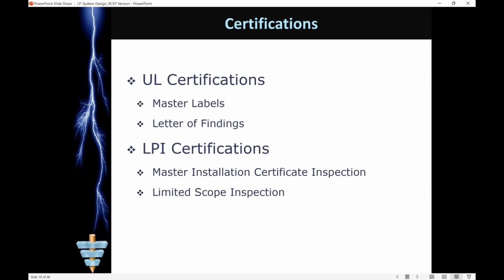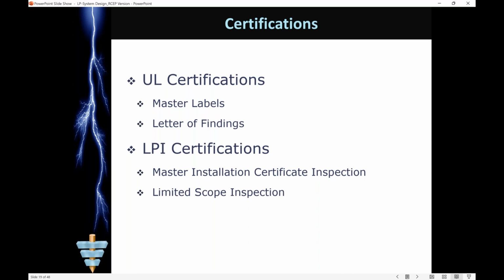So certification. These systems are designed and they have to be inspected. Well, they should be inspected for the owner to make sure that UL listed parts are used and that the installation contractor is installing this properly and it's going to work and be a safe system. There's two entities that have inspection arms, third-party inspectors that can inspect lightning protection.